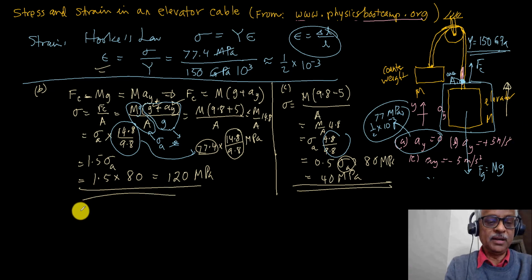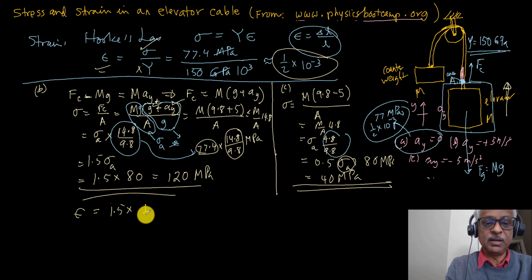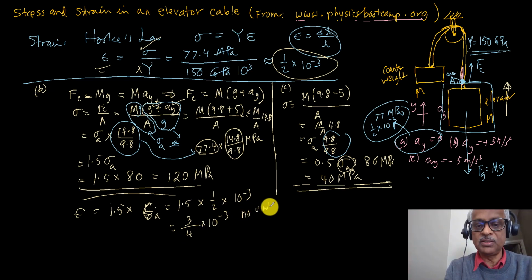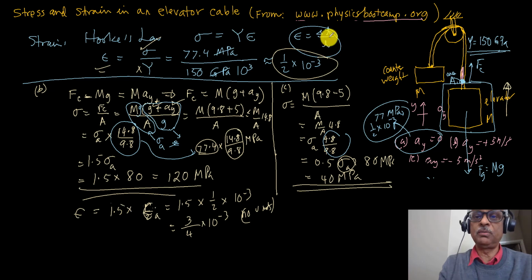And then epsilon scales the same way. This is going to be 1.5 times half epsilon in part A, and 1.5 times half times 10 to the minus 3 is 3 over 4 times 10 to the minus 3, and no units here, because this is a ratio of length by length.